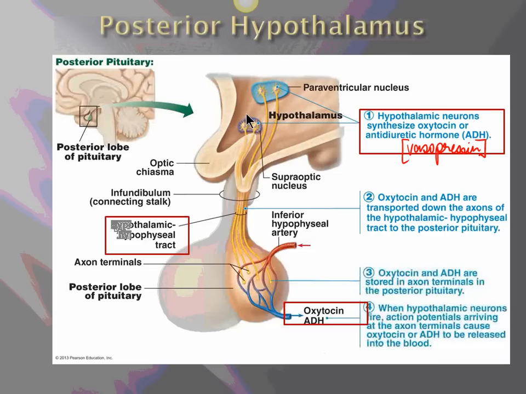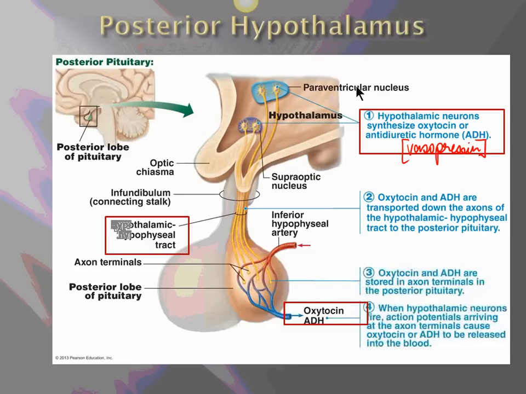Then it's produced by these neurons. It travels down their axons, and these axons connect to the posterior pituitary. So if you remember again from ANP1, when you have lots of axons grouped together, you call such a structure a tract.